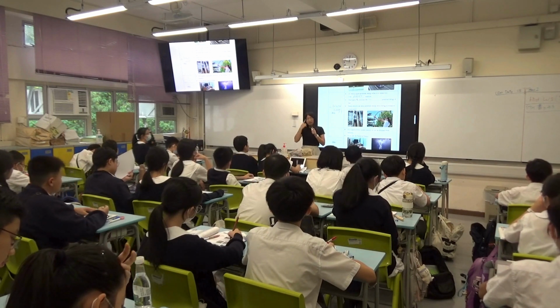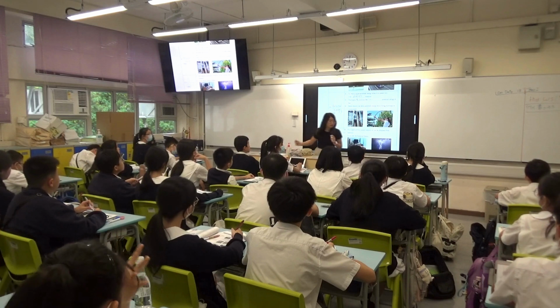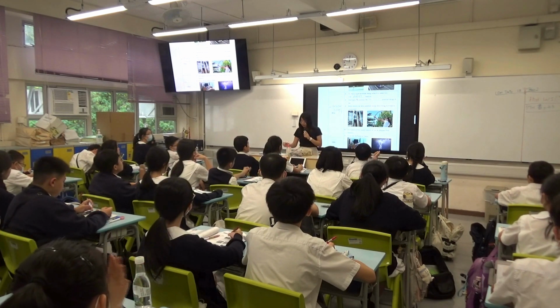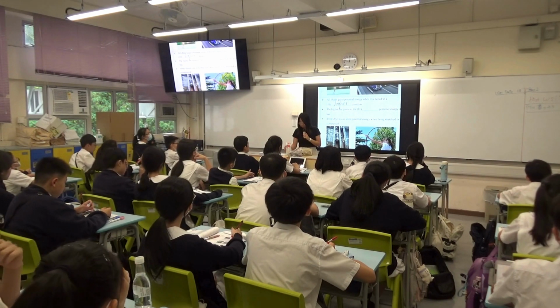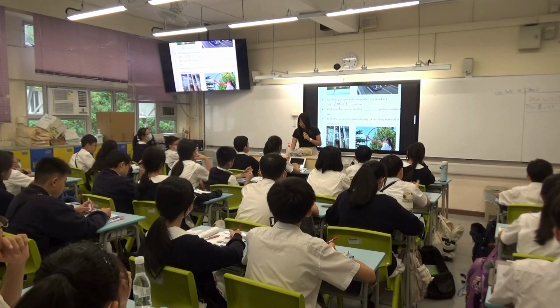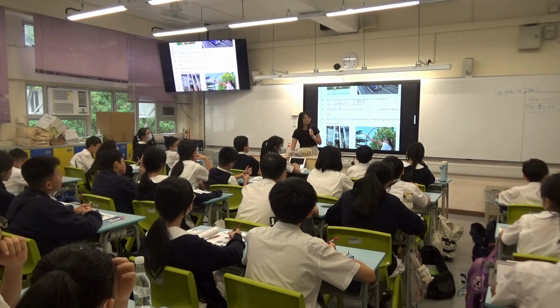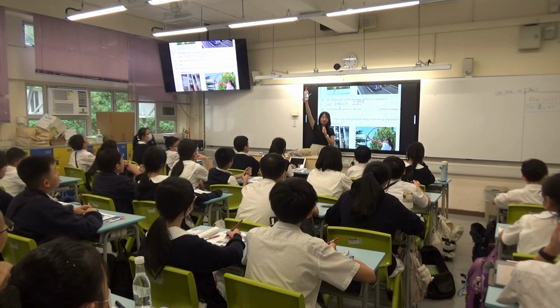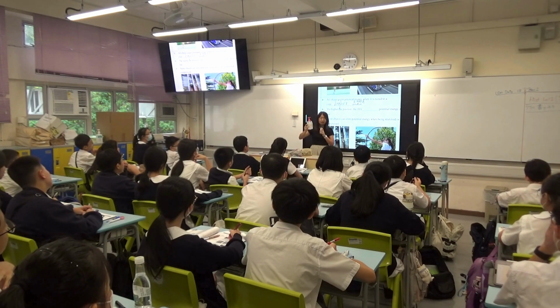Then, if I said highest, but here it says higher, so you want to write highest, right? What if here is the highest and here is less high, but it's still higher?